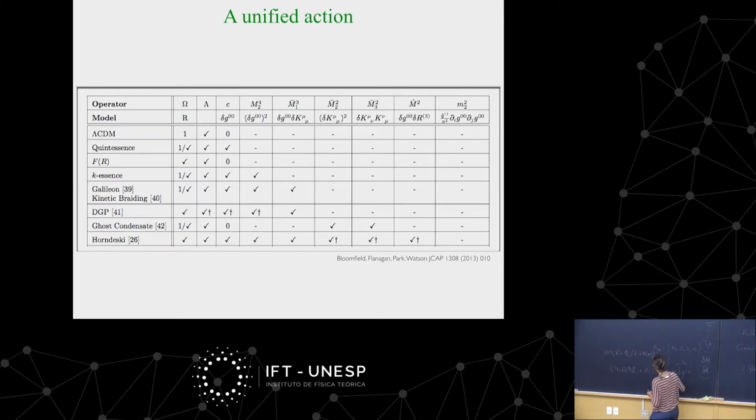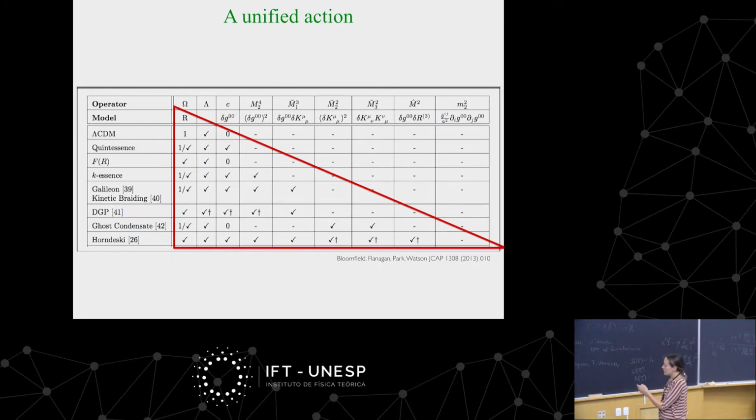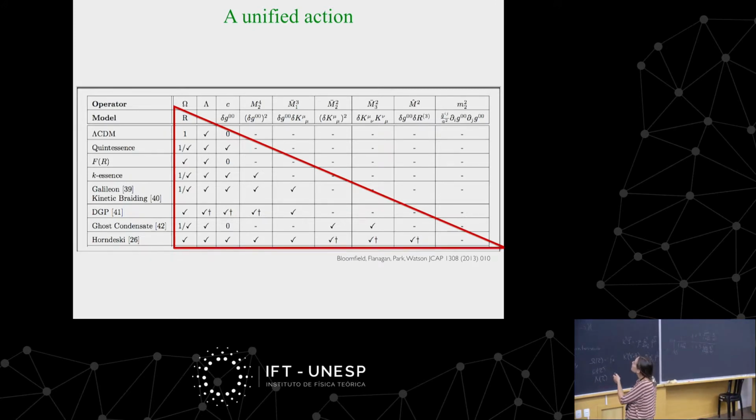If then you make it a function of time, you go into minimally coupled quintessence. If you turn on omega, you go into non-minimally coupled quintessence. And you keep going. If you turn on other operators, gradually, you go to more complicated models, up to the whole Horndeski. Now, why are there these crosses here?